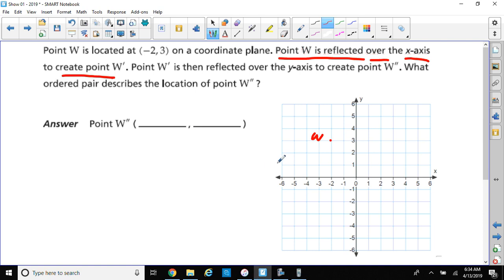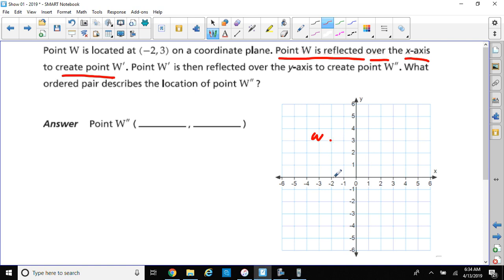The x-axis is the horizontal line that goes across, and it's going to be a reflection, the mirror image of point W. So in other words, there's a mirror on the x-axis, so it's like the mirror's on the floor and you're standing up. Like this could be a puddle of water and you're looking at it, and your shoes would be very close to the mirror where your head would be very far away from the mirror.